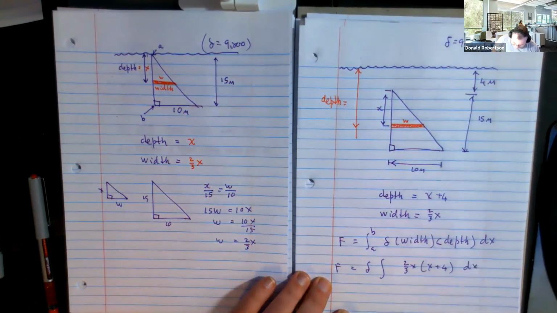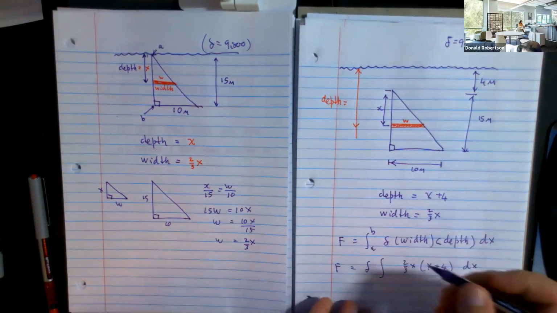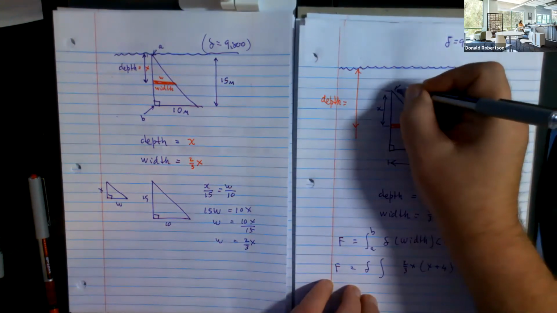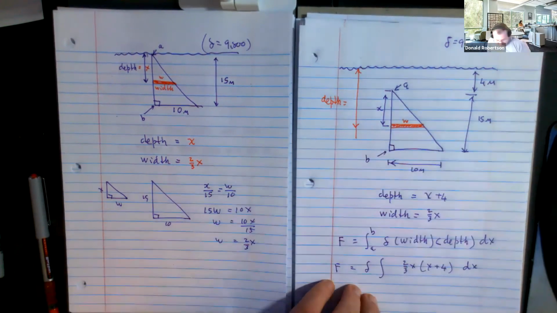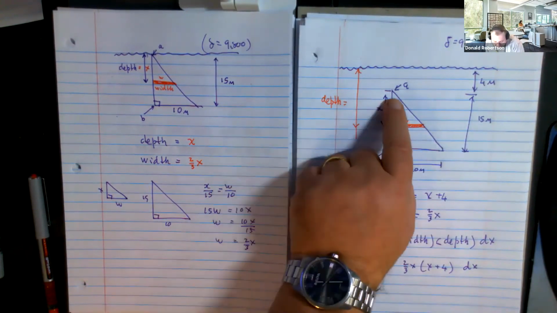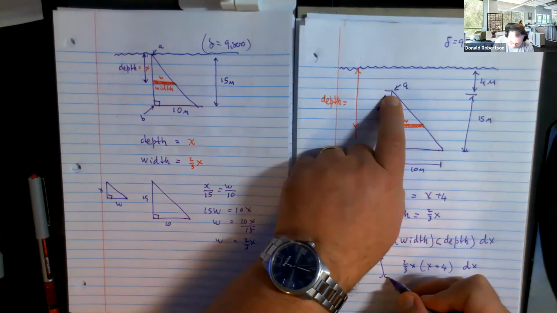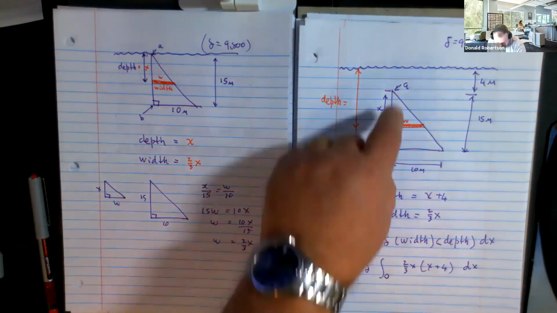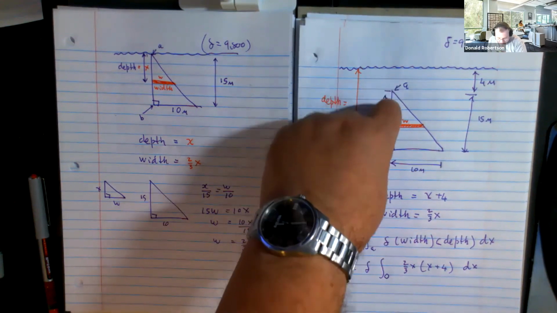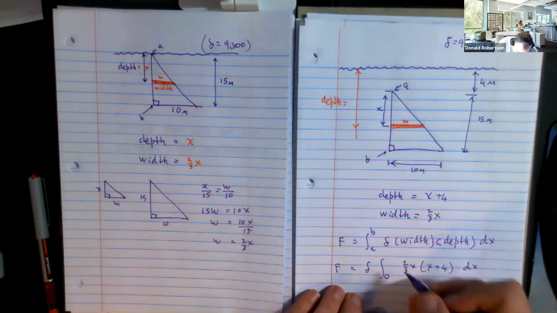That's fine. Now, A and B. The value of x when you are at the tip is still 0. And the value of x when you're at the bottom, right, from top of the shape, x equals 0, to the bottom of the shape, 15.